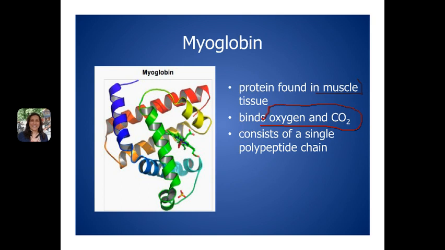It consists of one single polypeptide chain, and we can see in the illustration that its secondary structure includes quite a few alpha helices. The tertiary structure then shows how these alpha helices bind with respect to each other and form a specific active conformation that allows the protein to function.